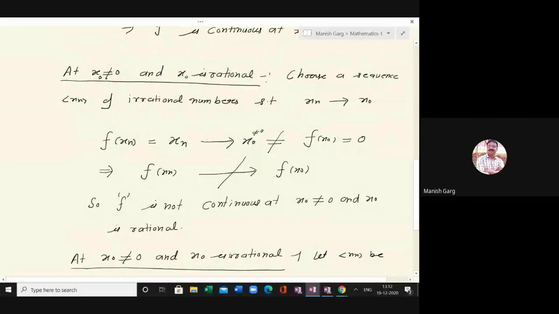But let us check the value of f(x naught). x naught is rational. If x naught is rational, f(x naught) is 0. So here f(x_n) converges to a non-zero number. So how can it converge to zero? That means f(x_n) can never converge to f(x naught), because f(x naught) is 0 and f(x_n) converges to a non-zero number. So f is not continuous at x naught not equal to 0 and x naught a rational number. Clear?